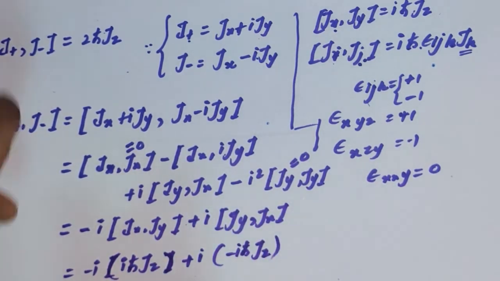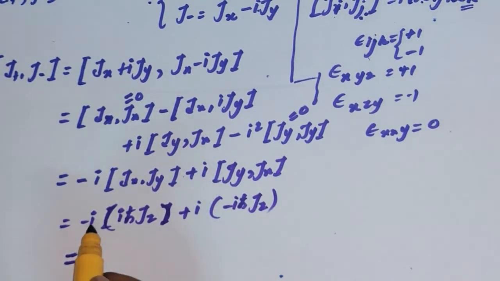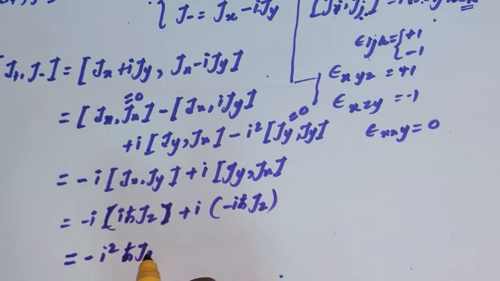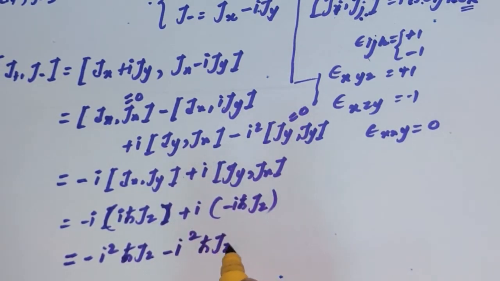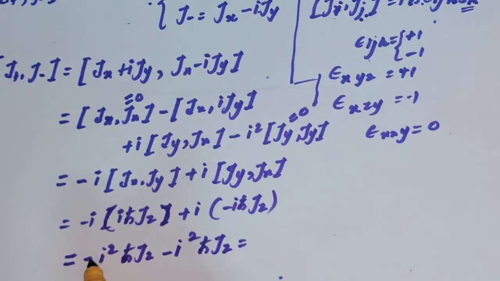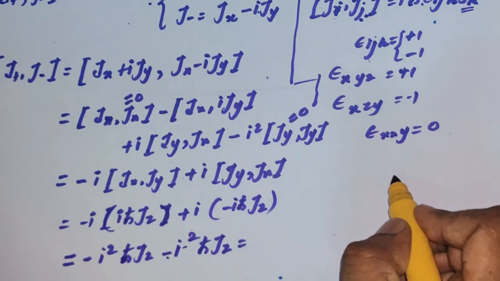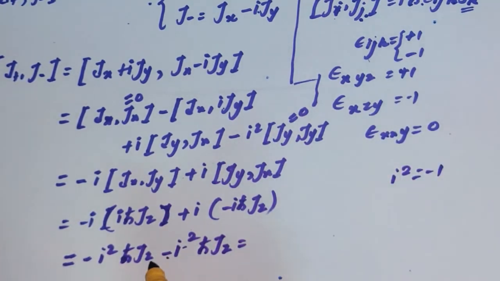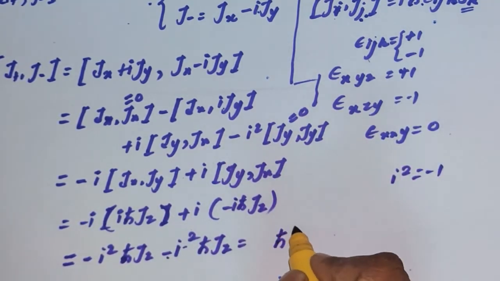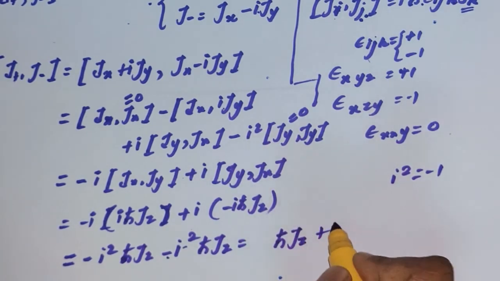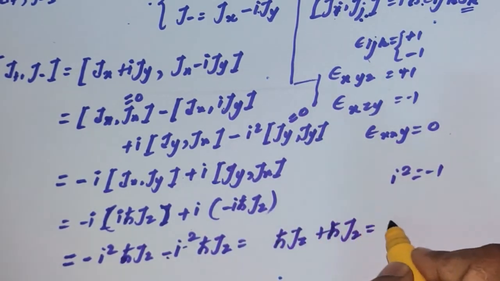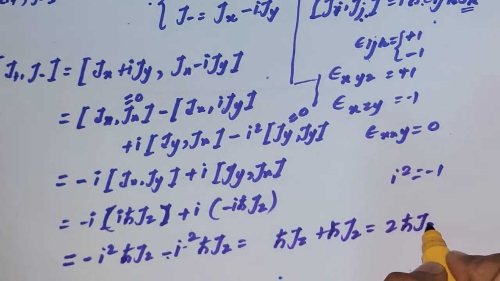This would be equal to minus i times i squared h-cut jz. Here also it's minus i times i squared h-cut jz. We know the value of i squared is minus 1, minus into minus plus. So this value would be simply equal to h-cut jz plus h-cut jz, which is equal to 2 h-cut jz.